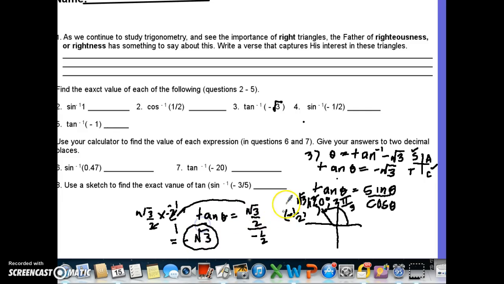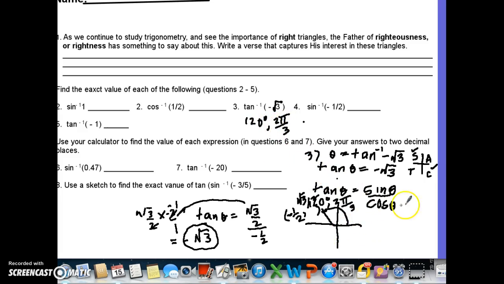So the angle we seek for this one would be 120 degrees, 2 pi over 3. That's one angular position. I think we did this one wrong in class, and that was my fault. So that would be the proper answer.